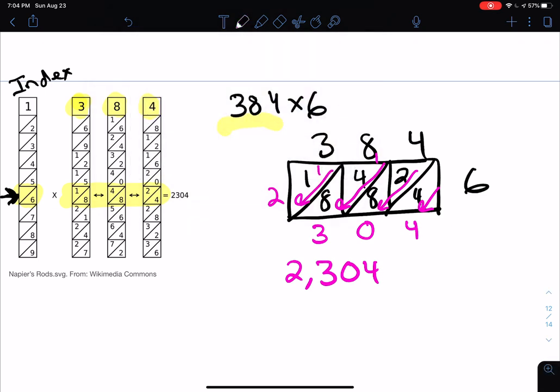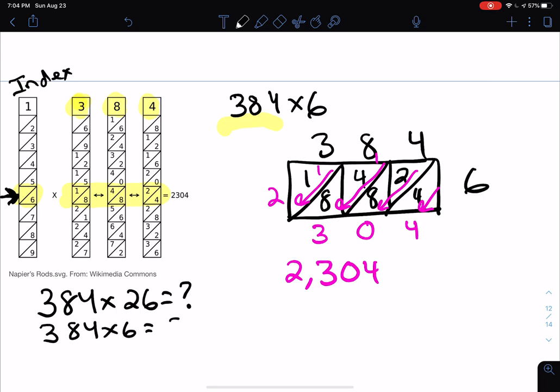Now, if you were multiplying by something bigger, like let's say you were doing 384 times 26. Well, you would look at the 384 times 6, and you get that. That's the 2,304. And you look at the 384 times 20.